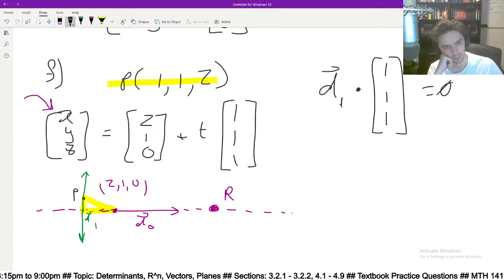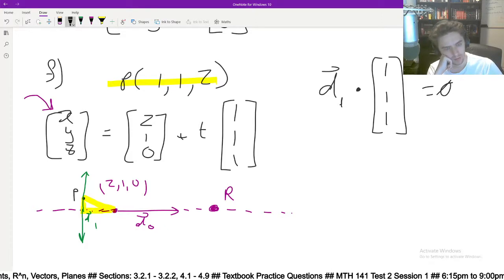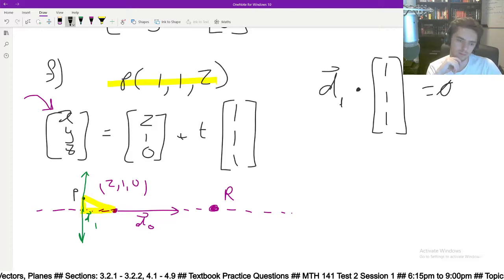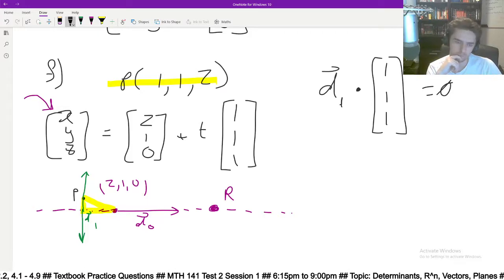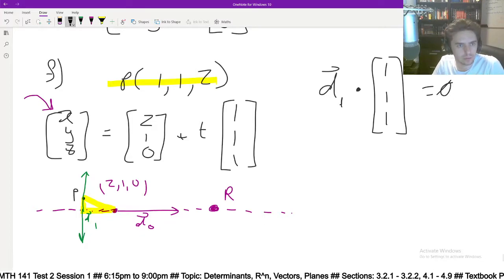Yes, which is perpendicular to d naught. How would you write that?